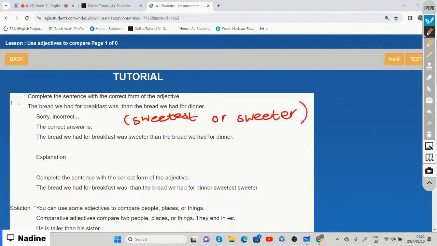So we said now we are comparing breakfast and dinner, right? I'd say the bread we had for breakfast was sweetest than the bread we had for dinner, or the bread we had for breakfast was sweeter than the bread we had for dinner. We are comparing the two, breakfast and supper or dinner.